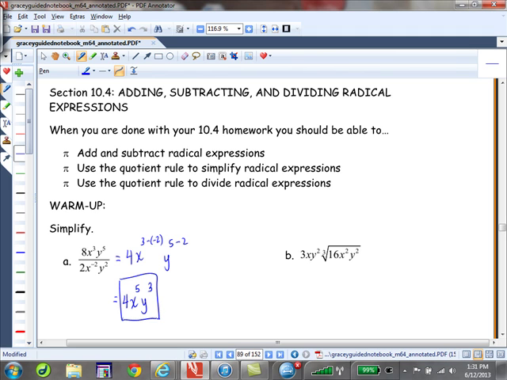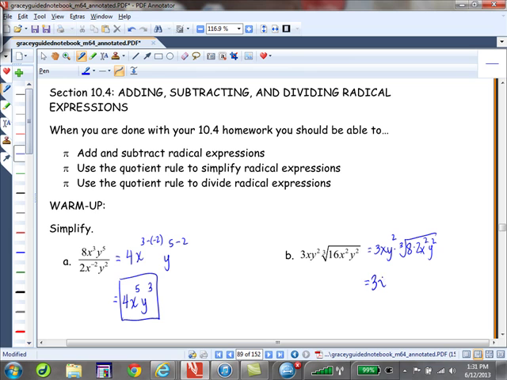Okay, for the next one, we have 3xy squared times the cube root of 16x squared y squared. So remember, when you have a cube root, you're looking for perfect cubes. So we've got the 3xy squared that we leave alone times the cube root of, I know that 8 is a perfect cube, so if I write it as 8 times 2x squared y squared, I'll be able to take out a 2.